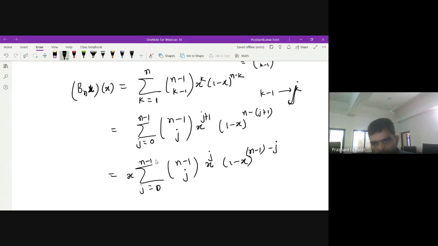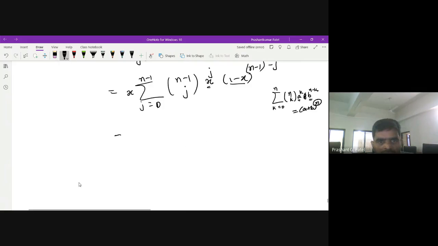Now this expression is the same as summation k running from 0 to n, nCk a^k b^(n-k), which is (a + b)^n. So instead of n we have n minus 1 here, and instead of a we have x here, and instead of b we have 1 minus x here.